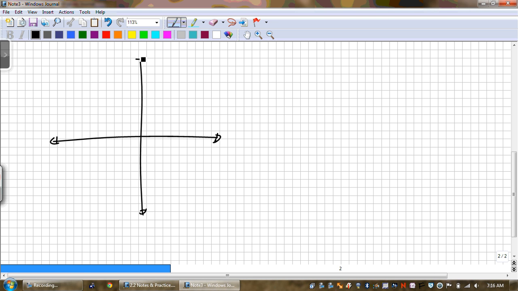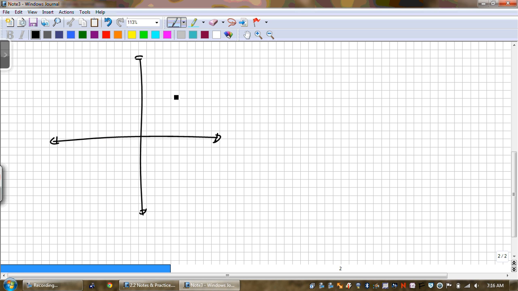The vertical line test states that when you draw a line like that, there are no points that are on top of each other. So I can draw a vertical line and it'll touch no part of the line more than once. And if you can see, it only touches them once right there. So that would pass the vertical line test.